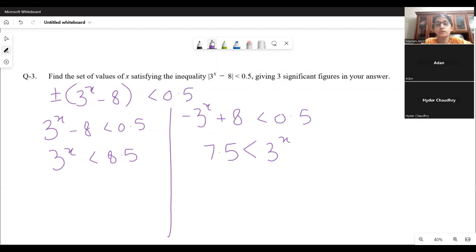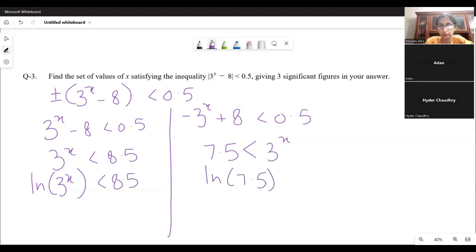Now, when you have a power as a variable, you need to take log on both sides. I'm going to take natural log on both sides. ln 3 power x is less than 8.5 and ln 7.5 is less than ln 3 power x. Just give me a second.